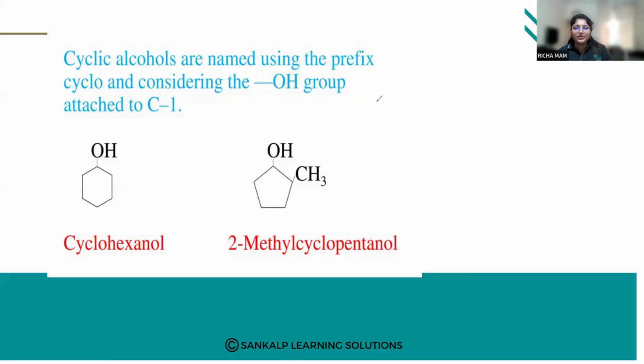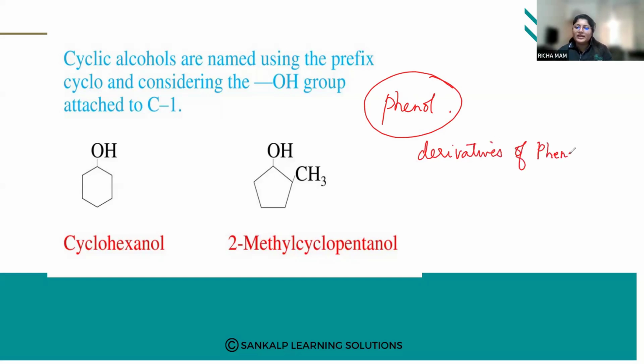When you are giving the name for phenols, the parent member of the family is phenol, and the other members are named as derivatives of phenol. According to IUPAC nomenclature, based on the position, it is also indicated as ortho, meta, and para. This is a phenol, and with respect to OH, when you have a substituent, suppose the CH3 is here.